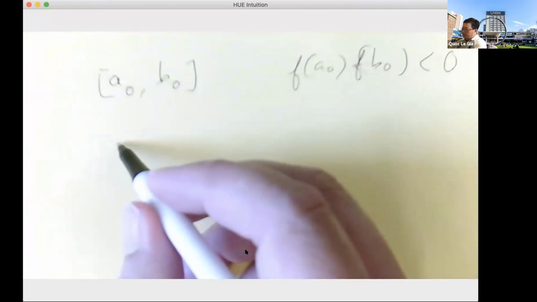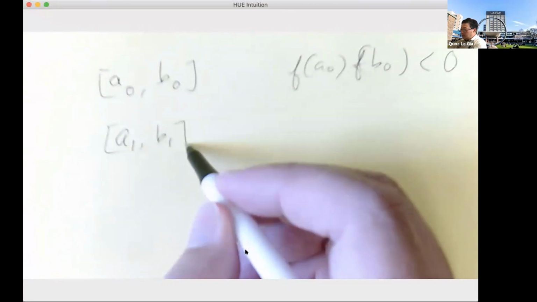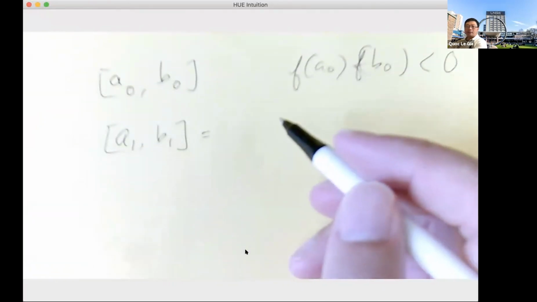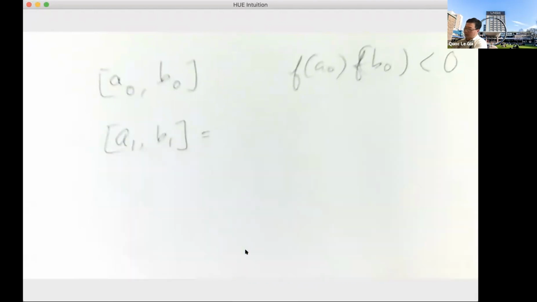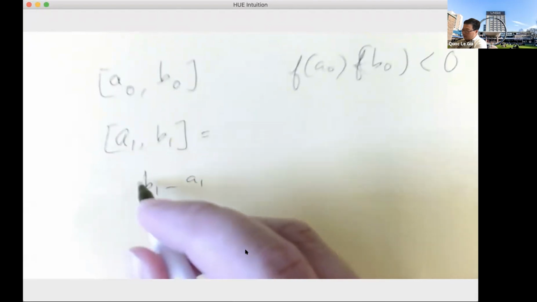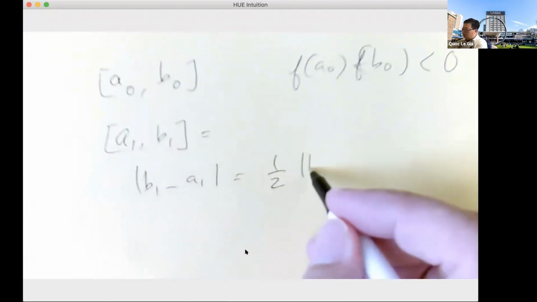And then you have a_1, b_1. This one could be the left or the right half, but I just know that b_1 minus a_1, the distance, will be 1/2 of the original interval.